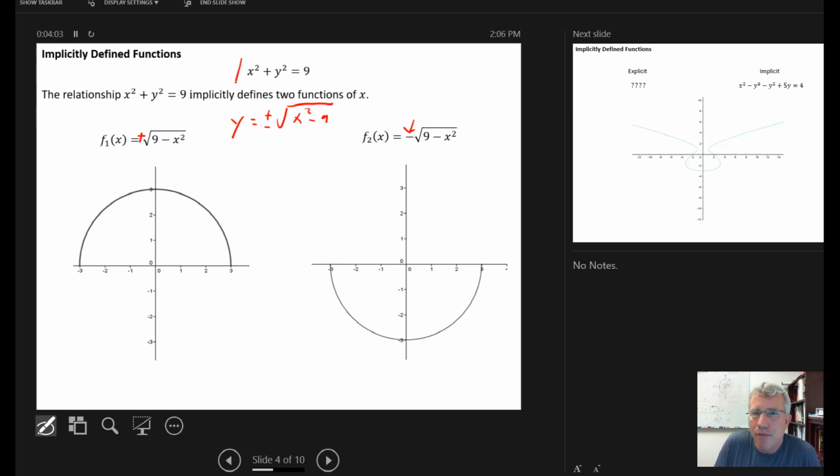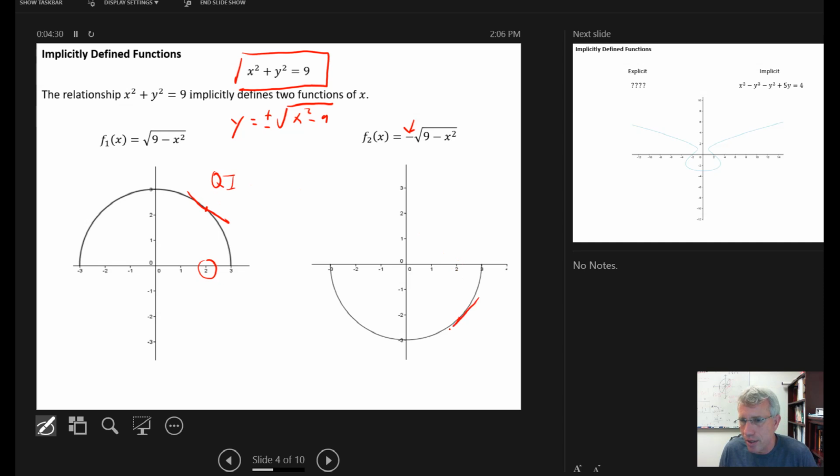So when we have the circle x squared plus y squared equals 9, the idea is that y is implicitly defining two separate functions of x. If I wanted to know the equation of the line that's tangent to the circle when x is equal to 2, I would need to tell you whether I wanted the tangent line in quadrant 1, or in quadrant 4, where x is also equal to 2.